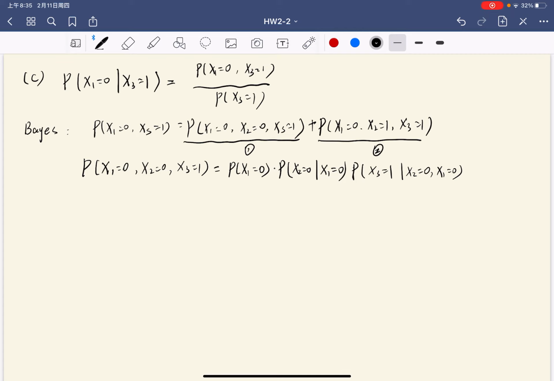Because this chain is a Markov chain, P(x3 = 1 | x2 = 0, x1 = 0) equals P(x3 = 1 | x2 = 0), so we can calculate the result.